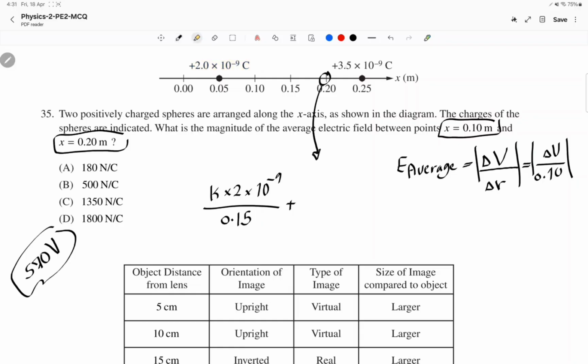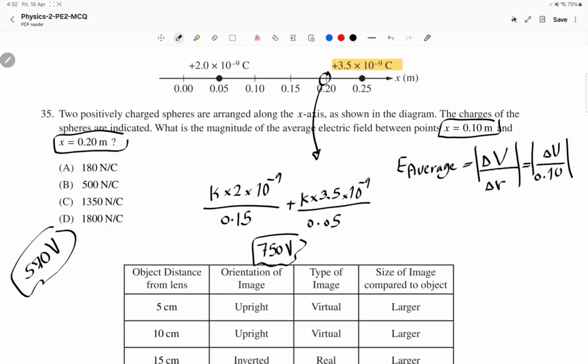And how far is the charge in orange from that? 0.05. Good. Now replace the k and let's find the answer. And I got 750 volts.